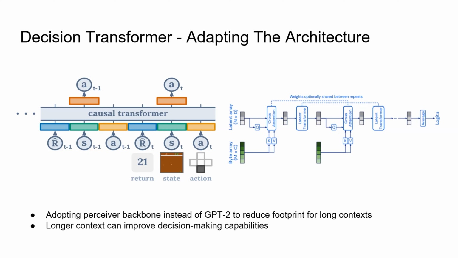As far as I understand from the paper, they just apply a mask to those rewards, states, and actions in order to predict the next action to take. So it's similar to using it as a language model, but instead of words, they're using these tokens. And do they fine-tune GPT-2 for these tokens, or do they convert tokens into language?